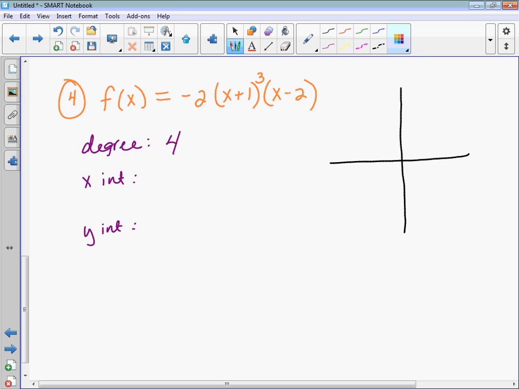A little more time here, then we'll look at it. Draw this little squiggle.